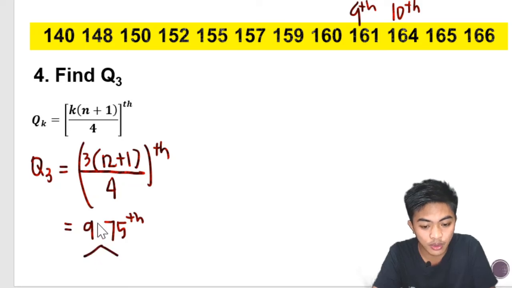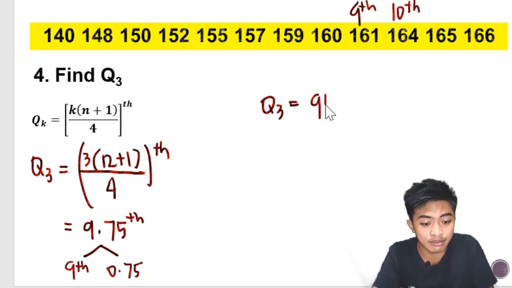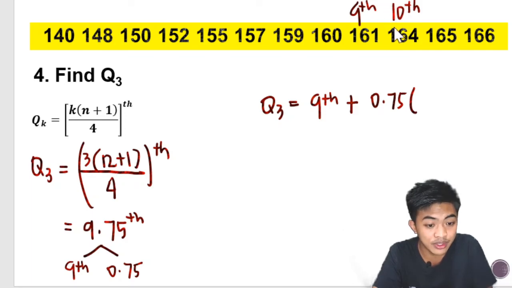That is, we separate the integer part, which is 9, and its decimal part, 0.75. So the third quartile now is equal to the 9th number plus its decimal part. And the decimal part is multiplied to the difference of the 10th and the 9th number.